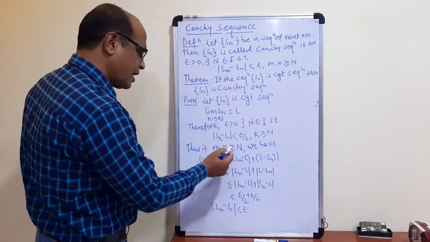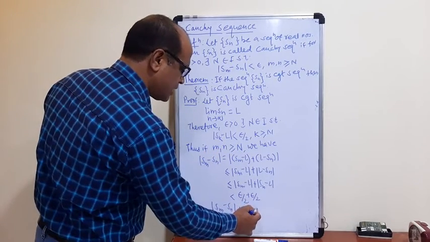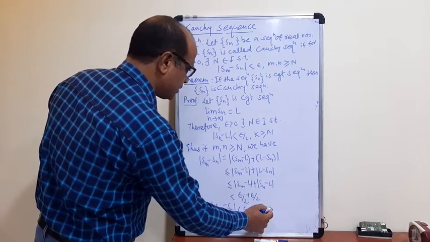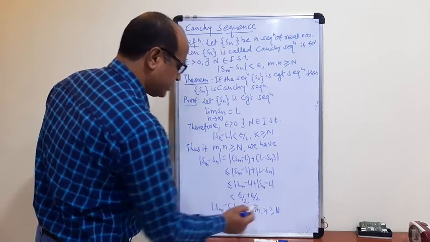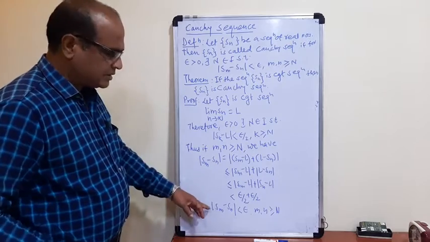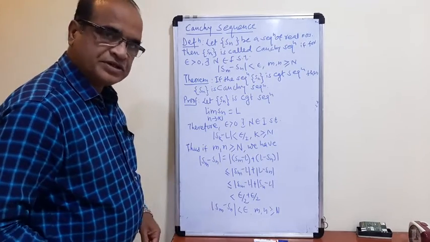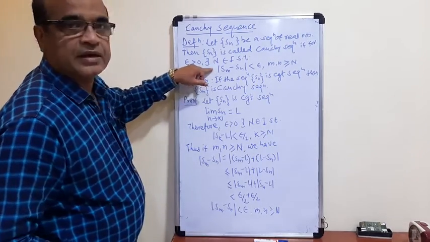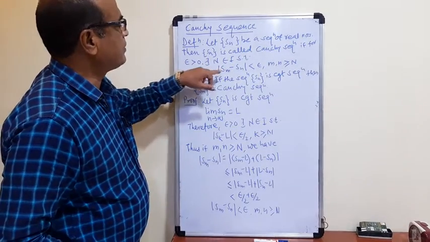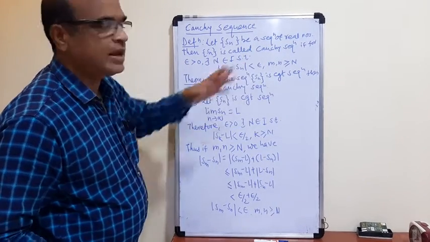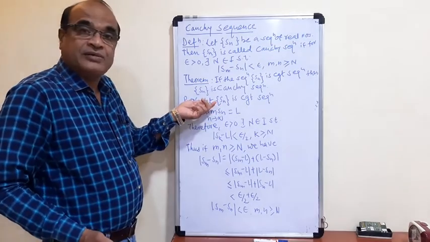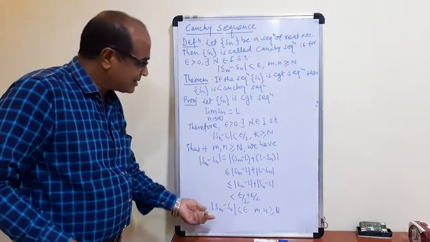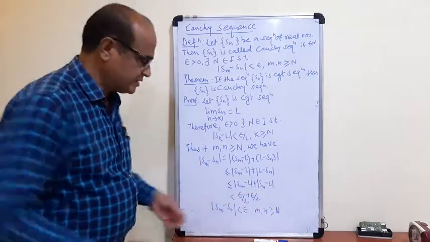Where m, n are greater than or equal to N. Then what is this? This is a Cauchy sequence. The definition is: mod of Sm minus Sn less than epsilon where m, n are greater than or equal to N. So we take Sn as a convergent sequence, then we say that the sequence is a Cauchy sequence.